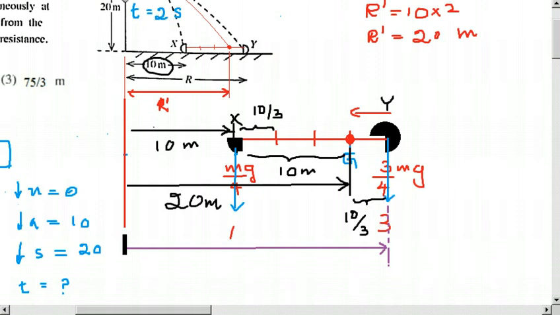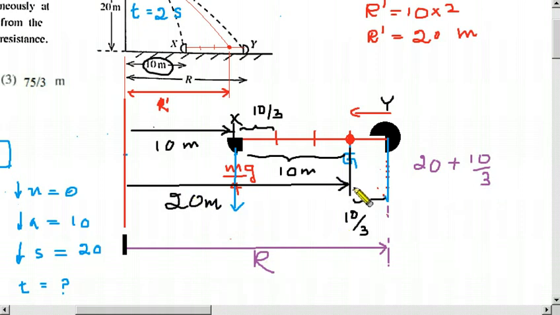These ratios we don't want now, these masses also we don't, forces also we don't want. We need this R, the final answer. So let us find out 20 plus 10 by 3. That is the answer, R.